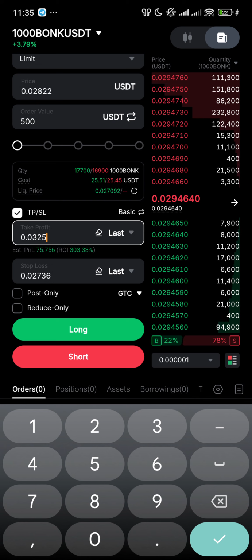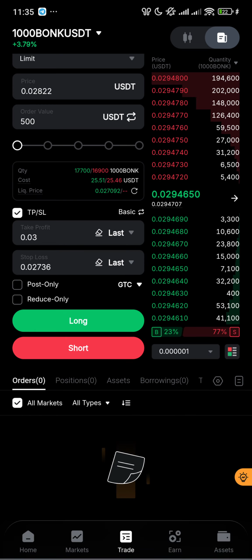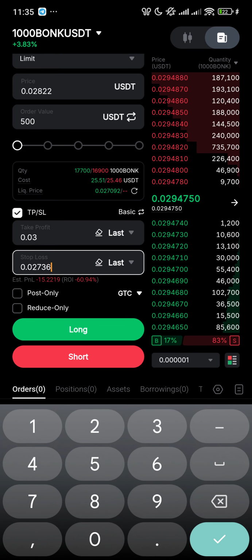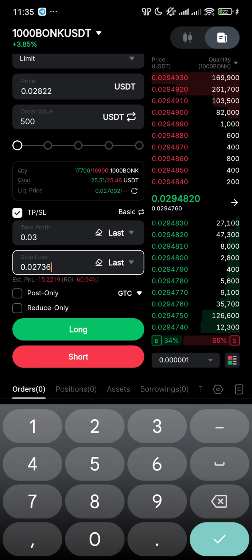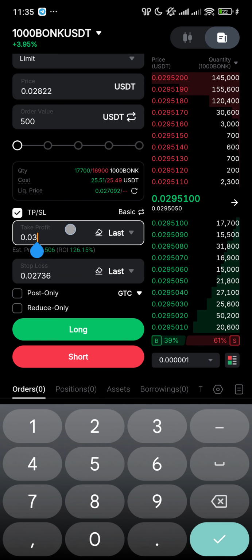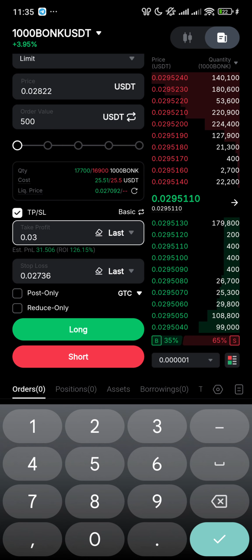So let's go back to the normal take profits, the first take profit, which is at 0.03. I'm making that $1 on this trade. How much are we going to be losing? Okay, we're going to be losing $15. So $15 is the actual capital I'm willing to lose on this trade. If I'm losing $15, I'm making $31 in return.